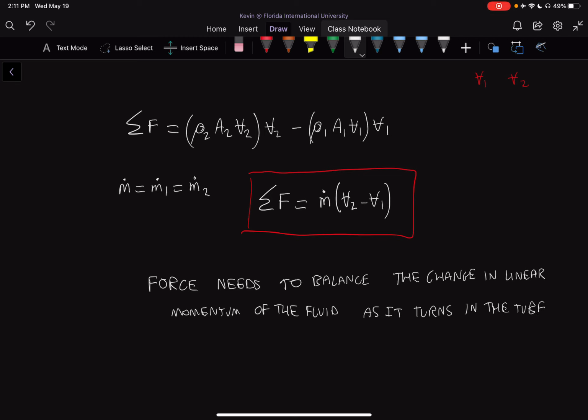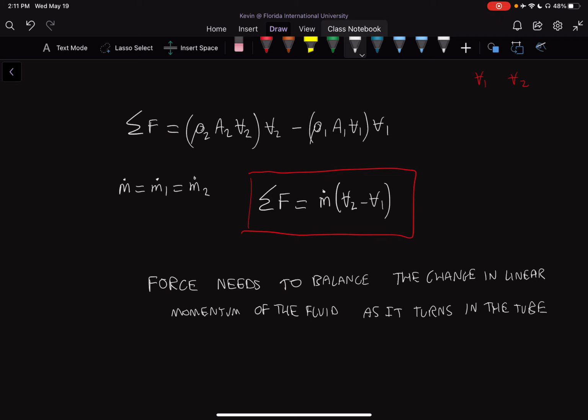So that's why the force is to the bottom left, essentially. Our momentum is towards the top right, and our force needs to balance the change in linear momentum. So it's the force on the system required for the system not to move, essentially.